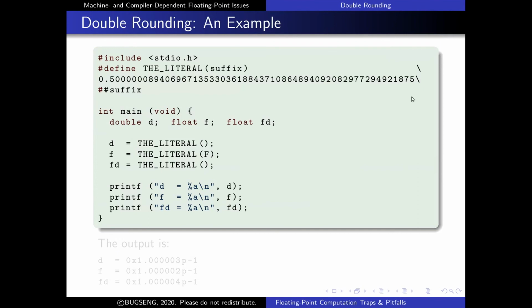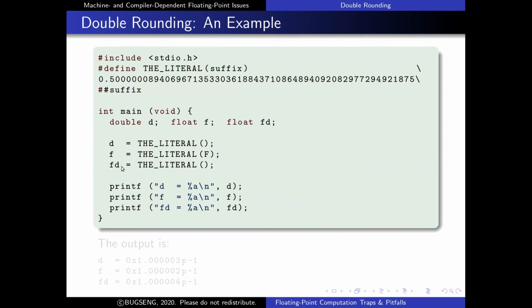The compiler will round it, however we will have just one rounding: the literal is rounded to double, and then we have double assigned to double. Similarly, here, we take the literal by sticking an F suffix at the end of it. So this is a float constant, and we have a float to float assignment. Of course, the compiler will have to round this in order to obtain a float constant.